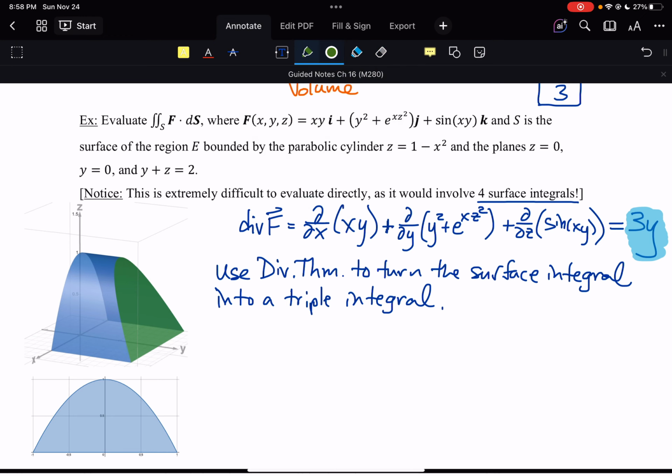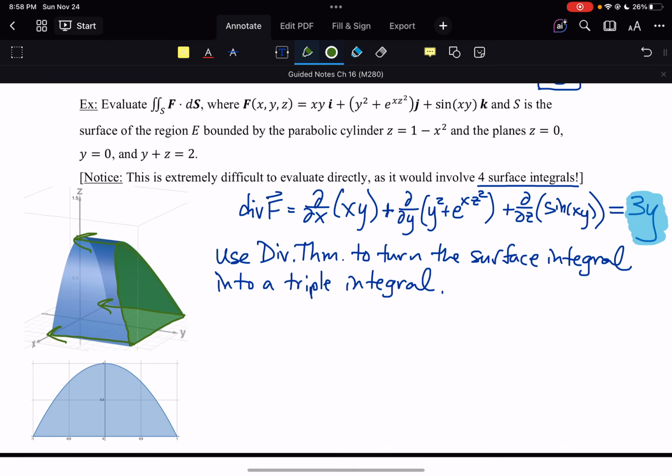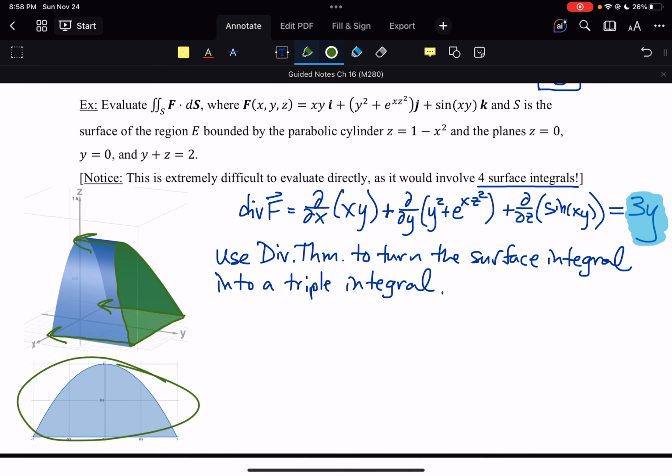Whereas if we take this surface and we project it back onto the XZ plane, we end up getting the shape down here. So we're able to evaluate over a pretty simple region in the XZ plane.